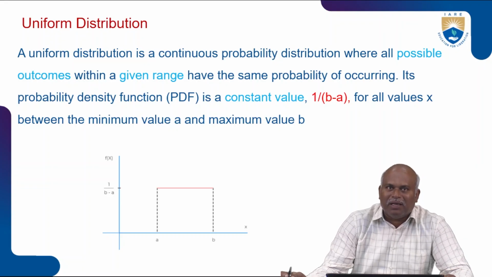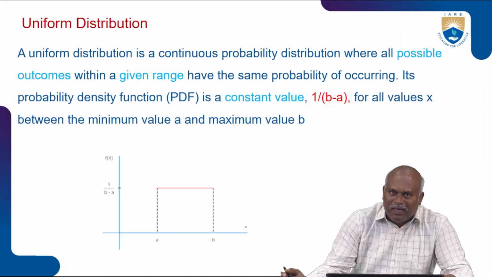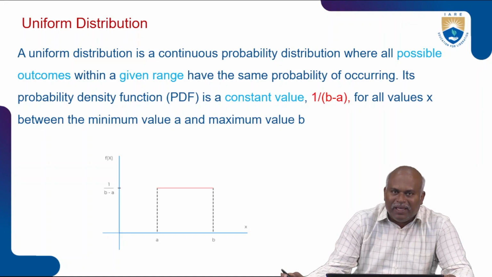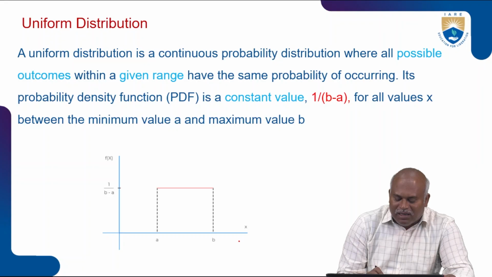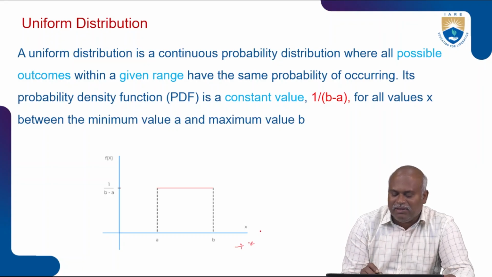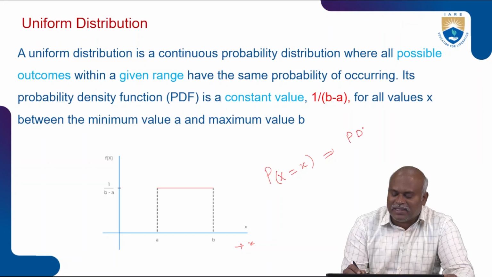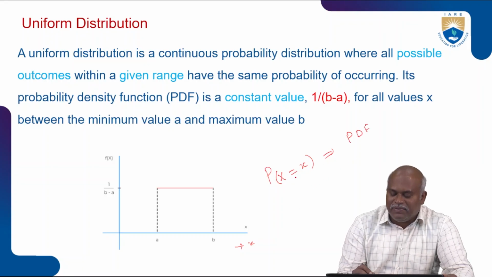I will represent the uniform distribution graphically. Actually, as we studied in the last class, the probability P of capital X equal to small x is what we call the probability density function.